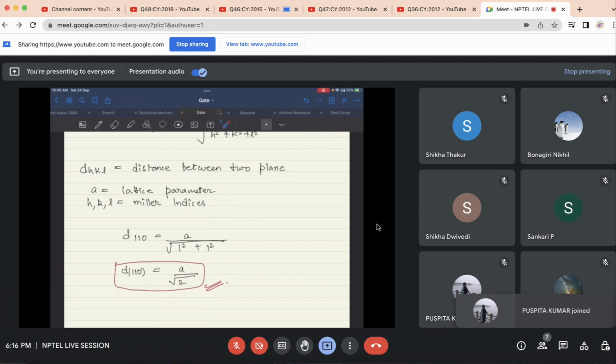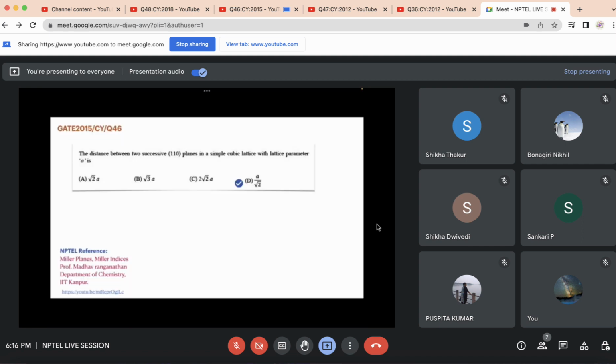So the distance between two successive 110 planes in a simple cubic lattice is equal to a upon root 2. So the correct option for this question is option D, a upon root 2.